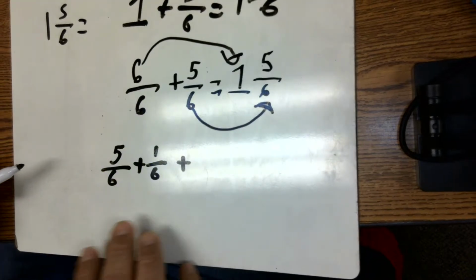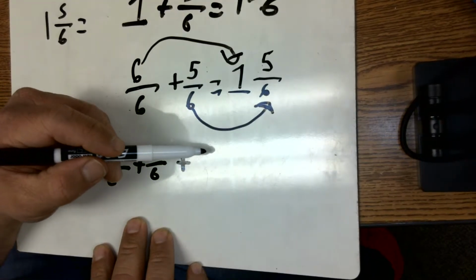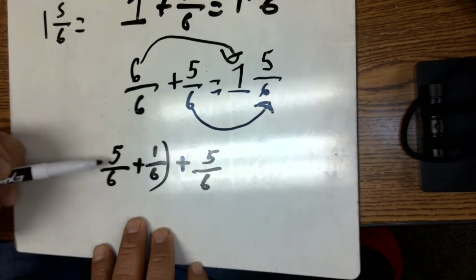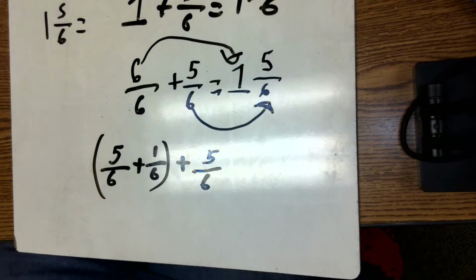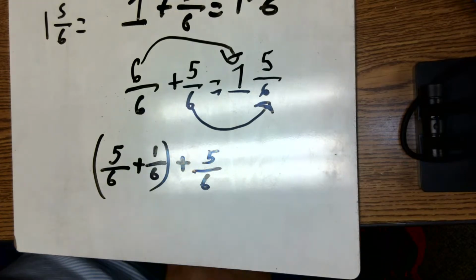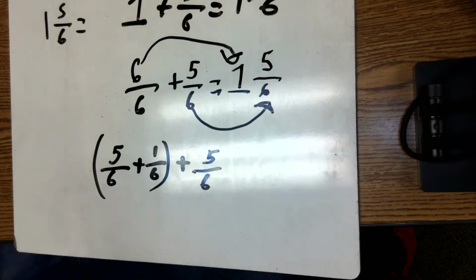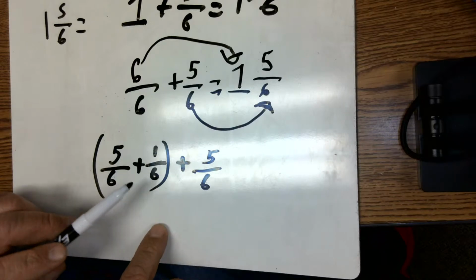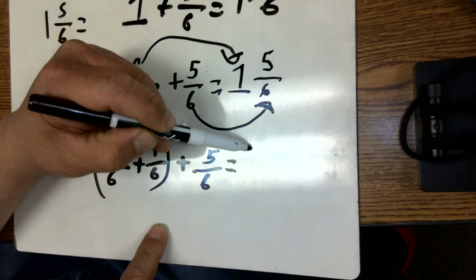5/6 plus 1/6 plus 5/6. And what they won't tell you yet, but I'll tell you, is put that in parentheses because these two have to be added together. 5/6 plus 1/6 is 6/6, which is 1 whole.